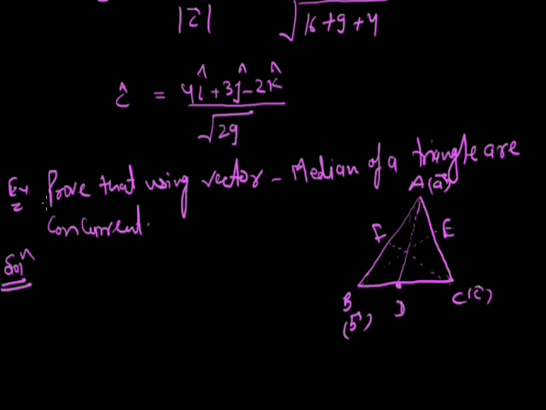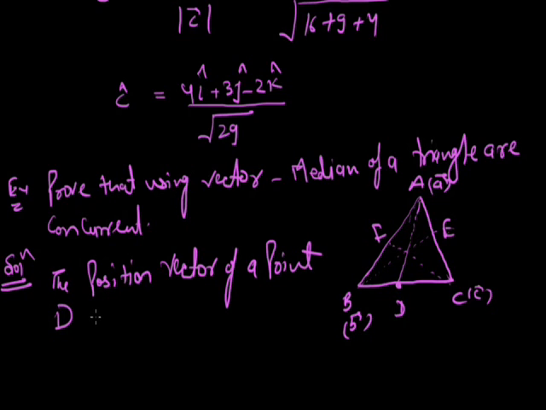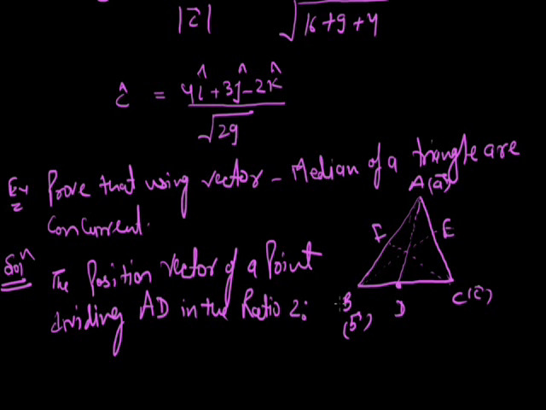Now the position vector of the point D is B vector plus C vector divided by 2. The point G divides AD in the ratio 2:1.